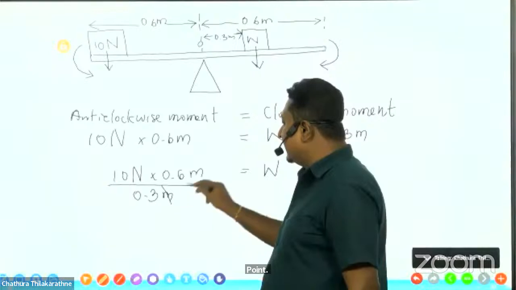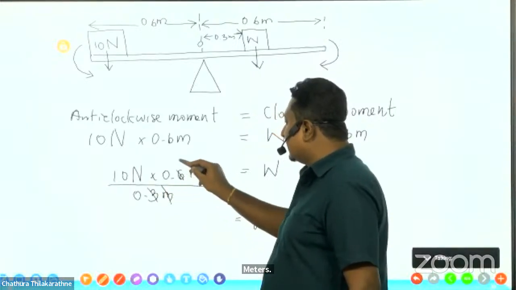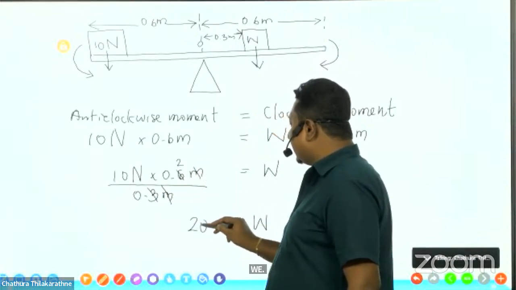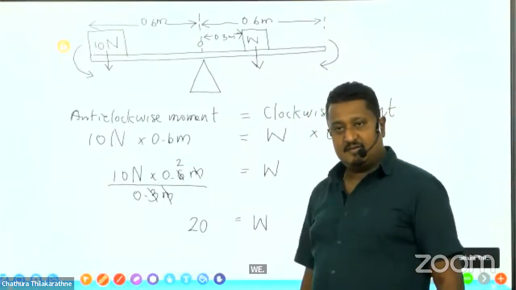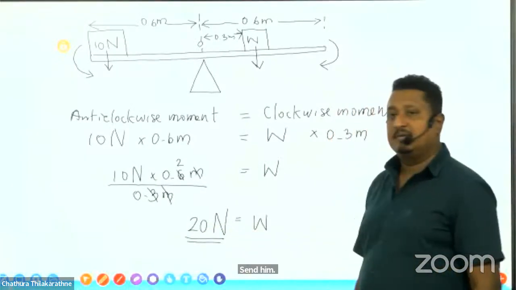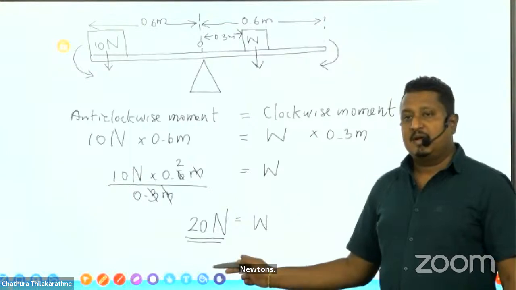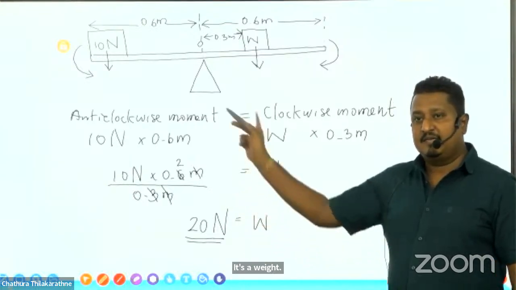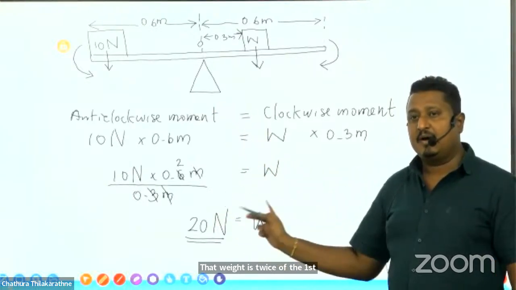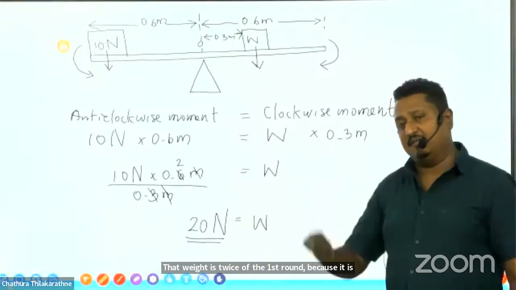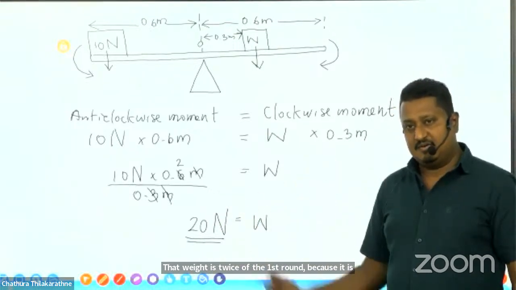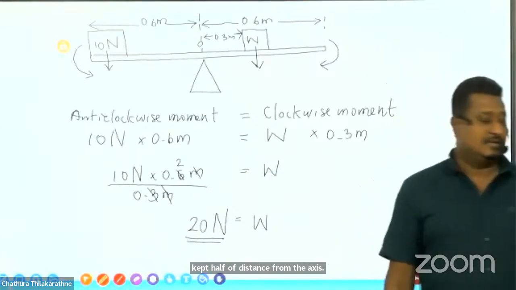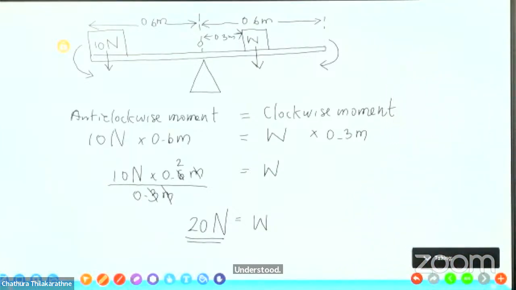W is 20 what? Newtons. It's a weight. That weight is twice the first one because it is kept at half the distance from the axis. Understood? Copy this. Another question.